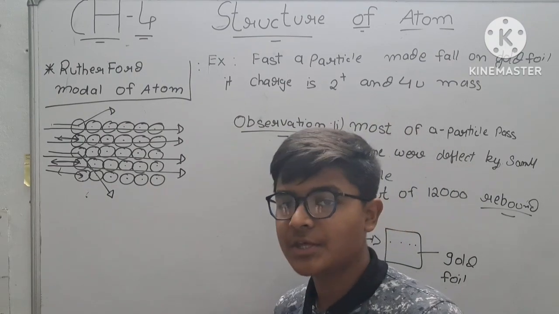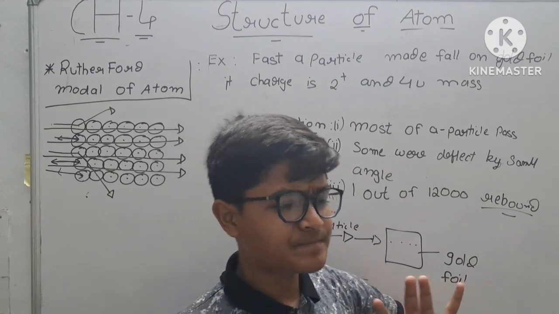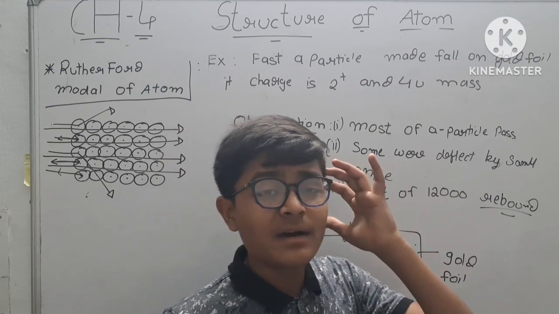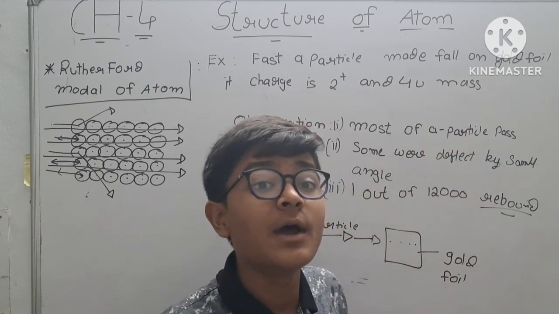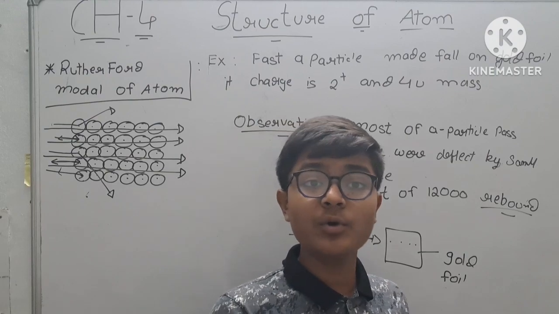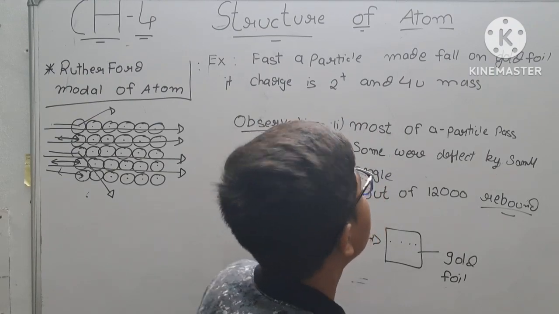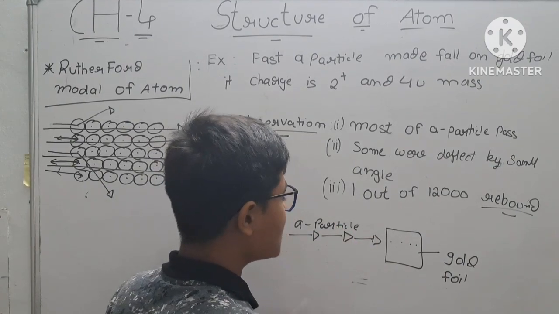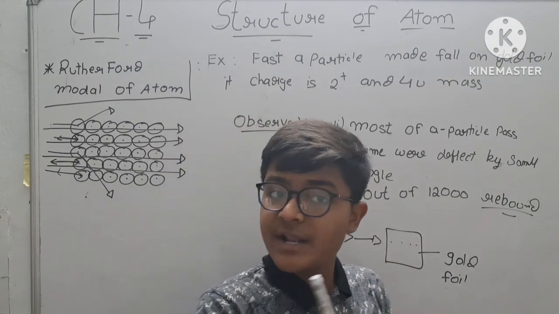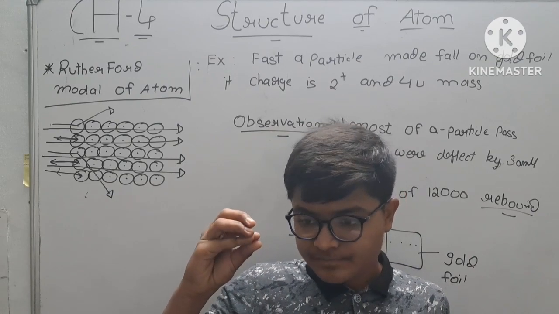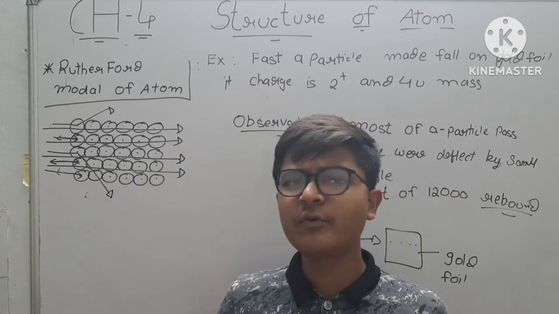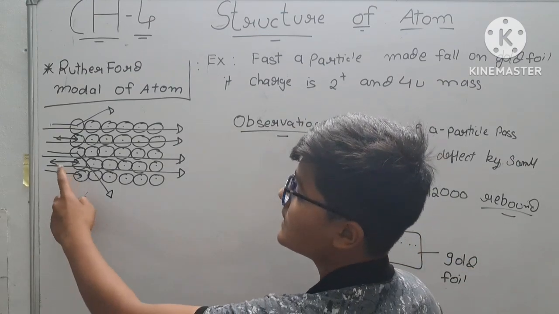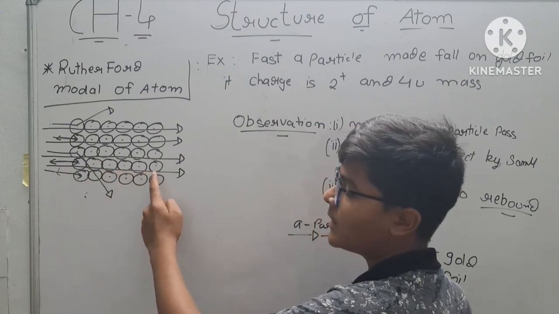Now he thought that most of them would be deflected, but the observation blew his mind, and yours also. What he observed was that most of the alpha particles do not react with the gold foil. They just pass through it. You can see the alpha particle is coming and passes through.